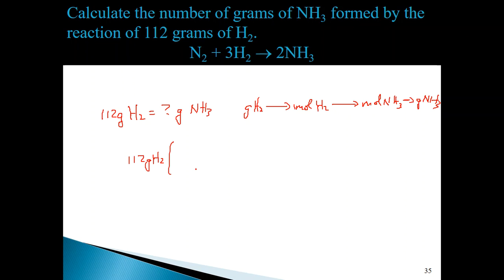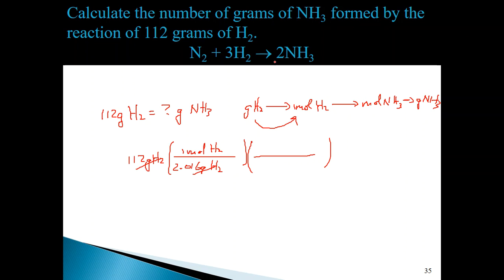We're going to convert it to moles. So you're going to have 1 mole of H2 above, divided by 2.016 grams of H2, that's a molar mass. The grams of H2 units will go, so that would be the first step. And then the next step is where you convert from moles of H2 to moles of ammonia.